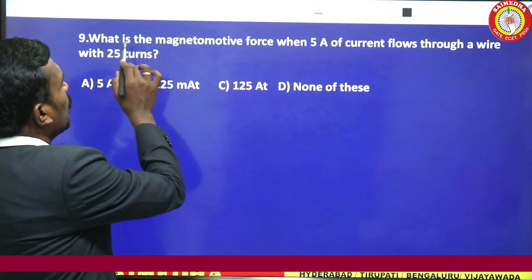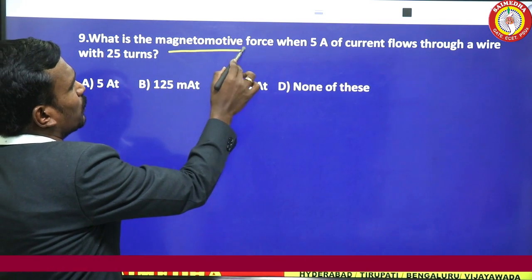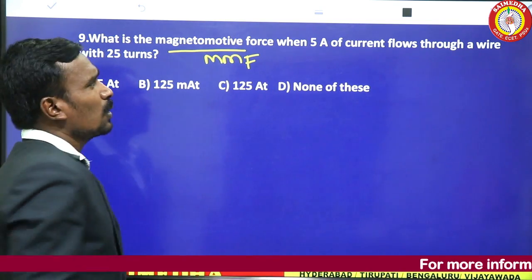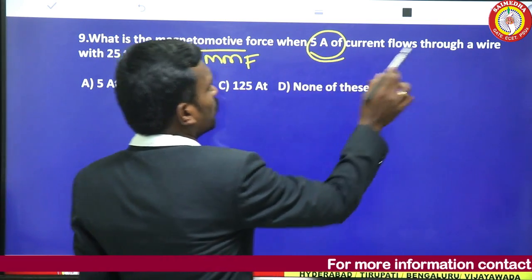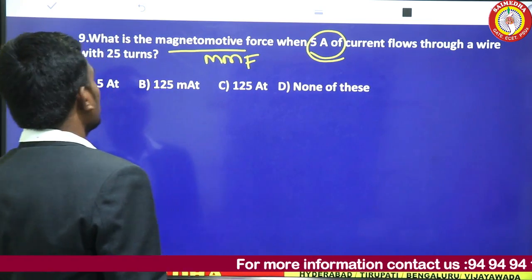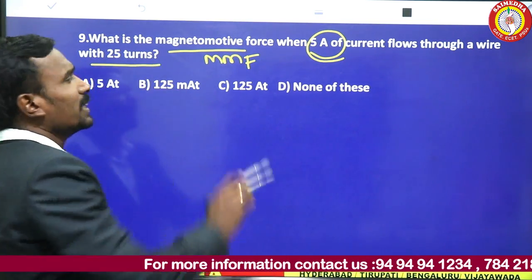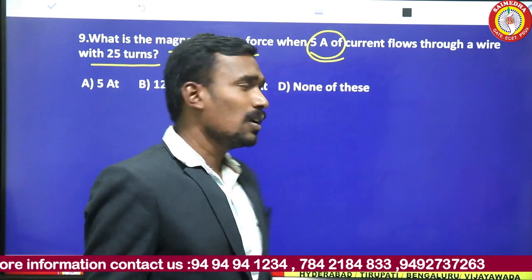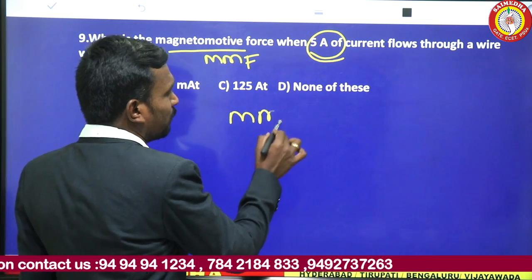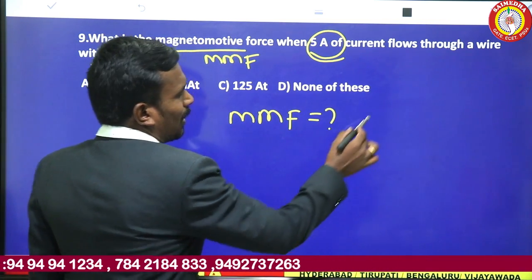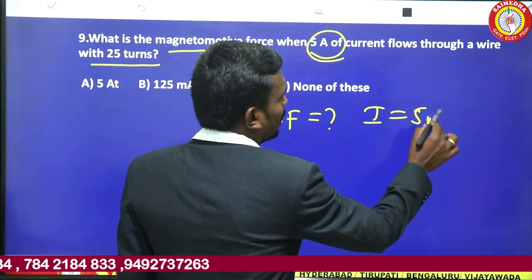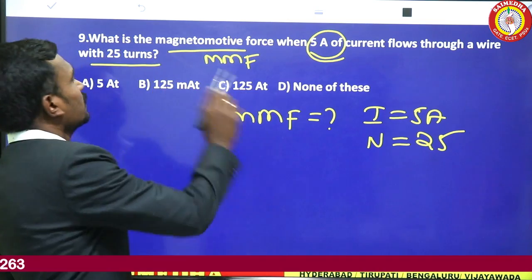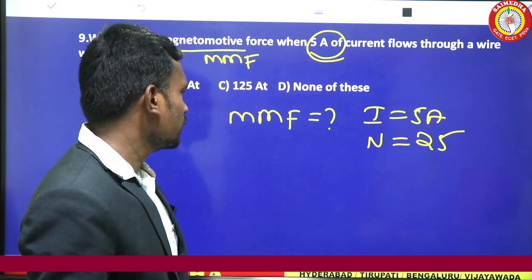What is the question? What is the magnetomotive force when 5 amperes of current flows through a wire with 25 turns? I want the MMF. The current given is 5 amperes, and the number of turns given is 25.